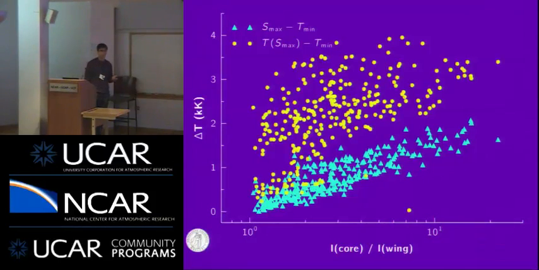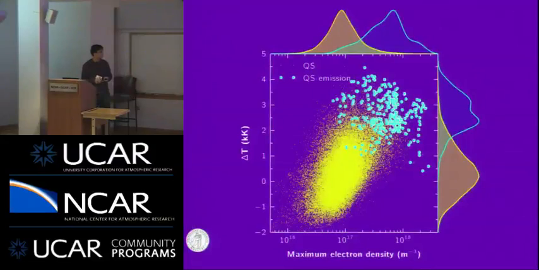Another question is, okay, fine. You have a temperature increase in the atmosphere, but how likely? There's lots of temperature increases in different points. What are the actual conditions? What else do you need to have emission in these lines? And again, we looked at this. This is a distribution of all the columns in the simulation in yellow. And in blue, you have only the columns in the quiet sun simulation that show emission.